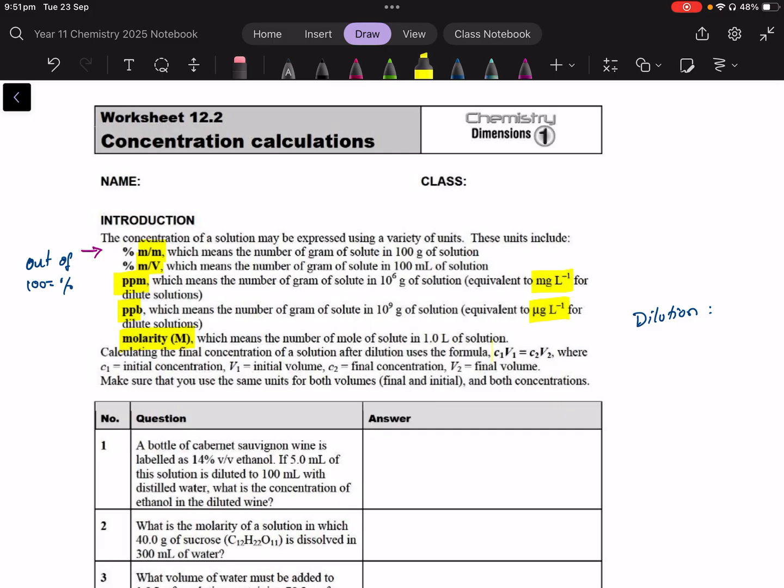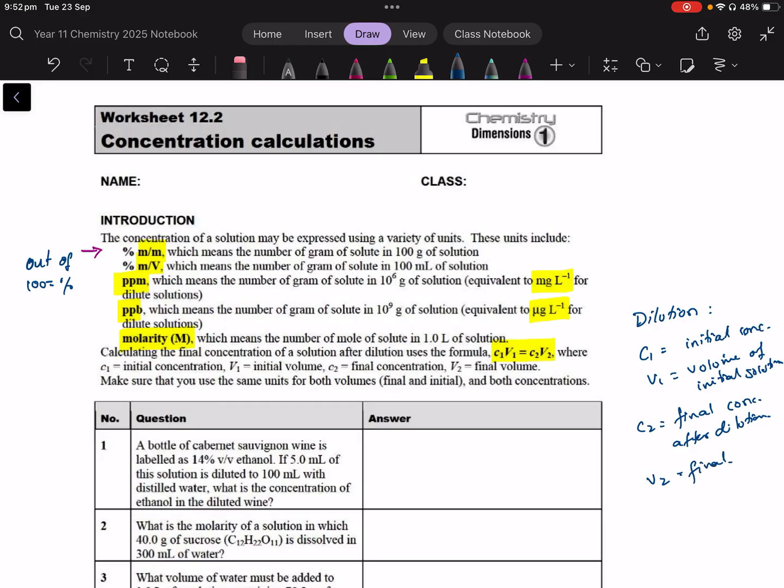This is a really important formula. C1V1 is equal to C2V2, where C1 is the initial concentration of the original solution, V1 is the volume you take, volume of initial solution, and C2 is the final, the new concentration after dilution, and V2 is the final volume.